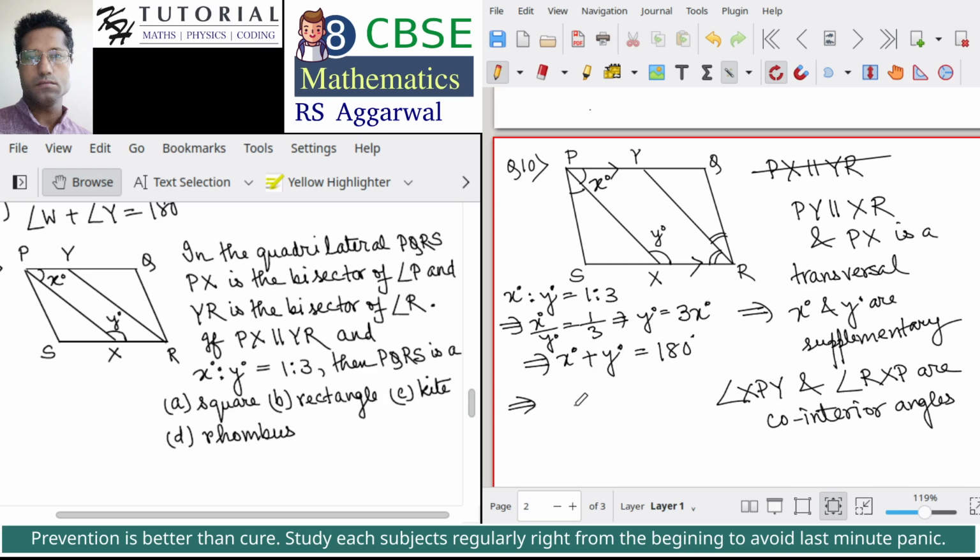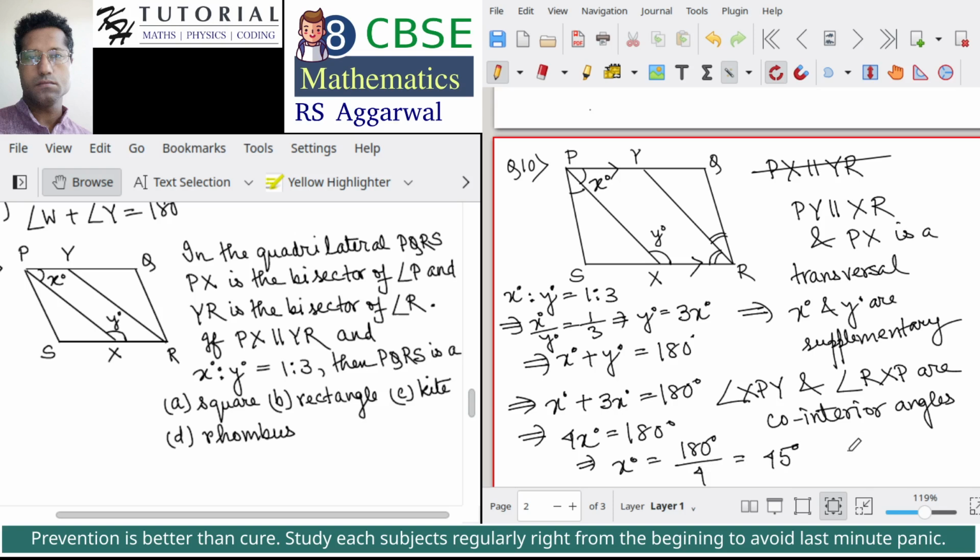Using the fact that y degree is equal to 3 times x degree and x degree plus y degree equals 180 degree, we can have x degree plus 3x degree is equal to 180 degree. So this implies 4x degree is equal to 180 degree. This implies x degree is equal to 180 degree by 4, which is 45 degree.